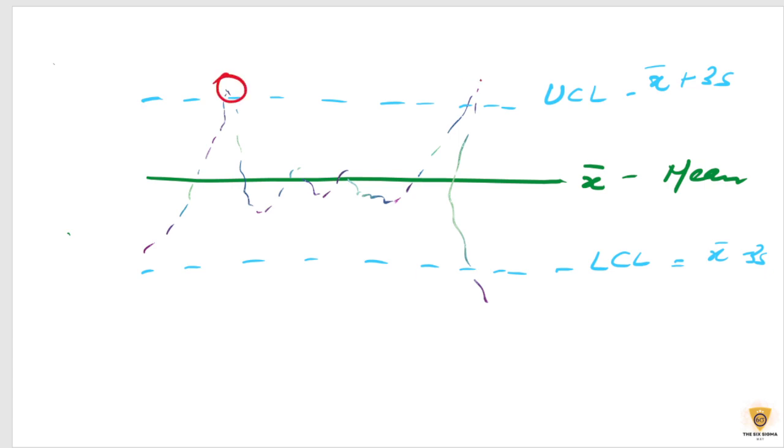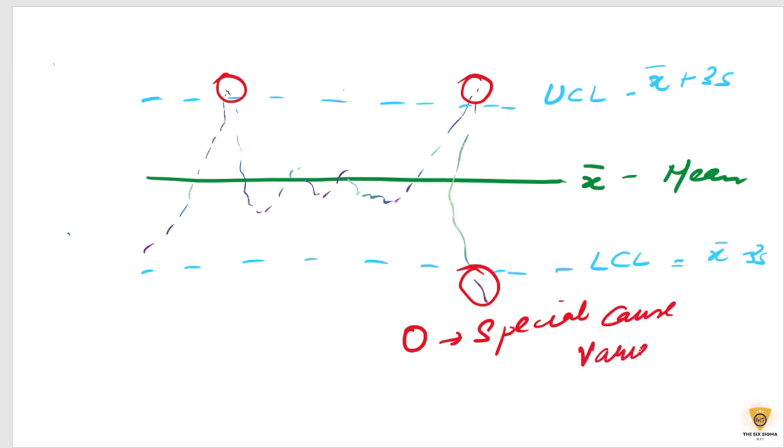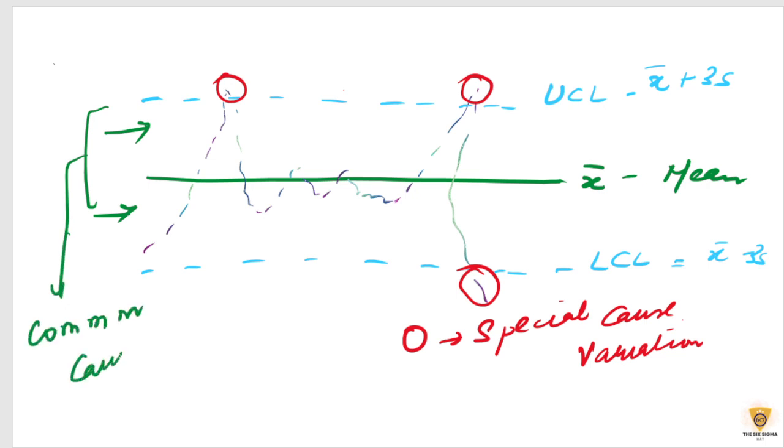Any points that are going above my upper control limit or below the lower control limit are called special cause variation, while the ones which are inside are called common cause variation.